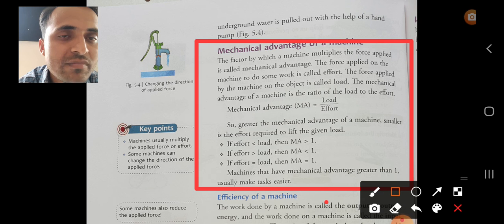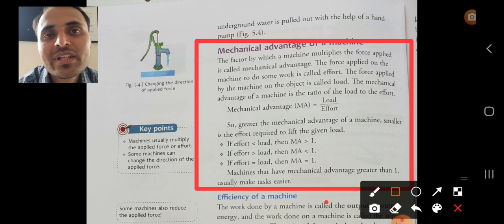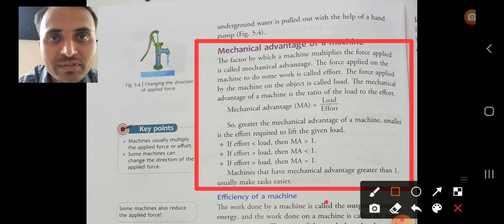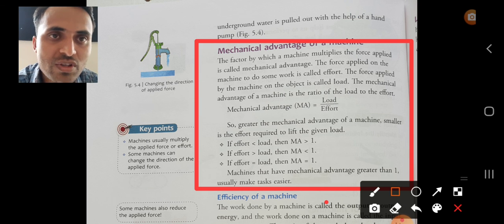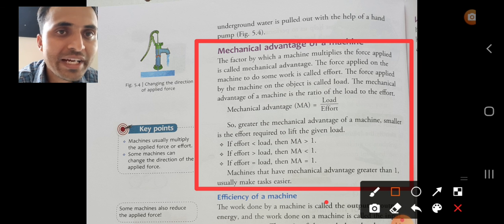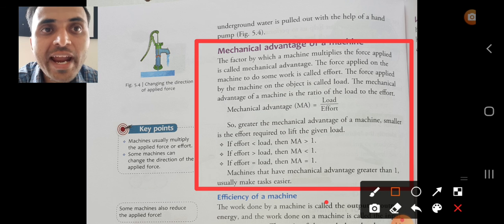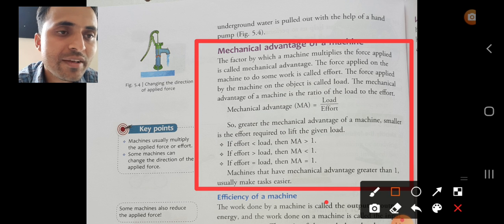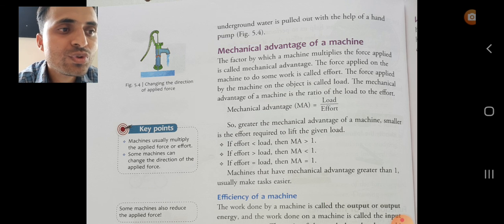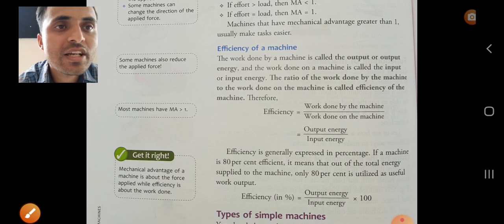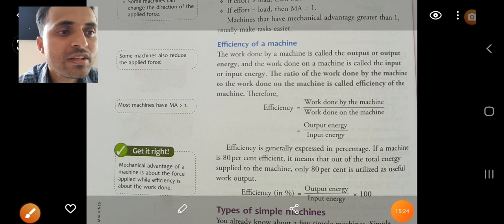You can give the example of a pump. The pump is used to draw the water from the well, which is shown in the picture. So that changes the direction of the applied force, the force which is applied by your hands on the handle of that pump.